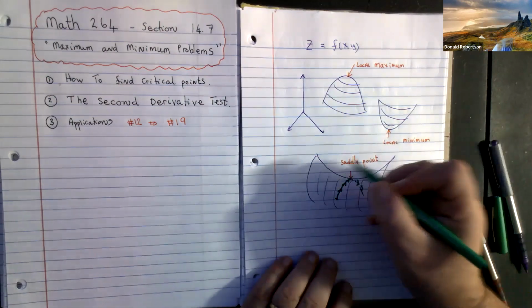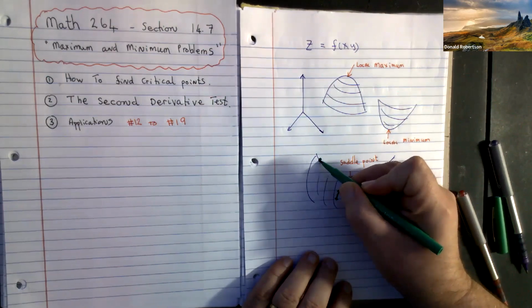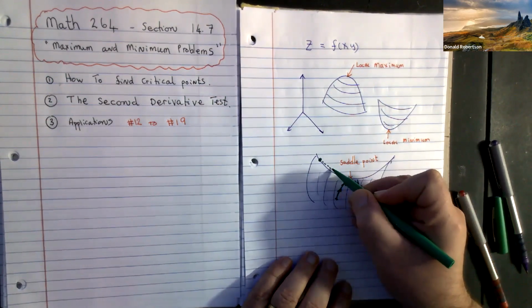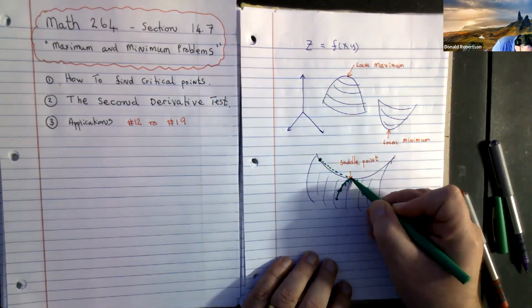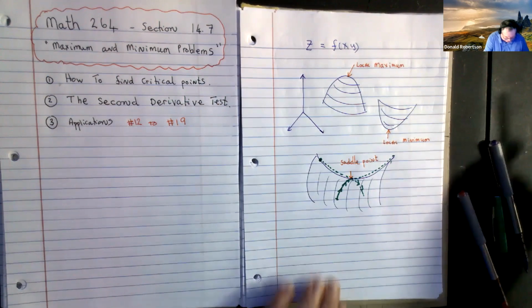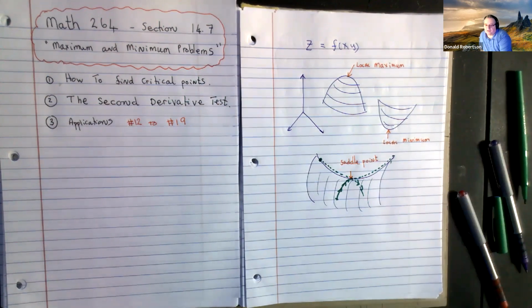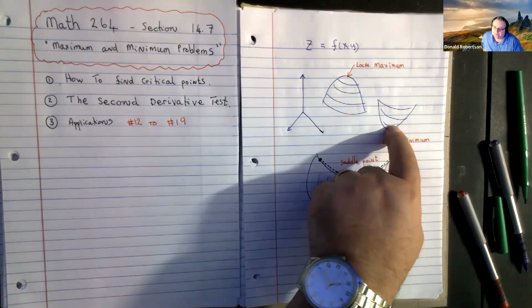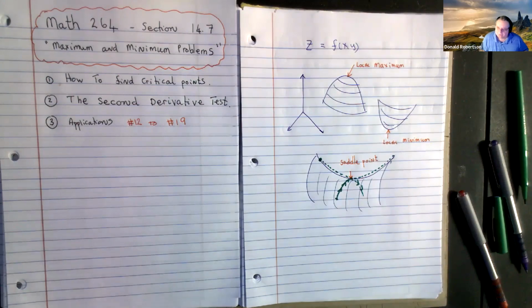On the other hand, if I was here and I walked to there and then continued, can you see that that point, as far as this journey is concerned, the dotted green one, isn't that really a minimum? Right, I'm coming down and back up. That shape is a little bit of this, a little bit of that. It's called a saddle point.